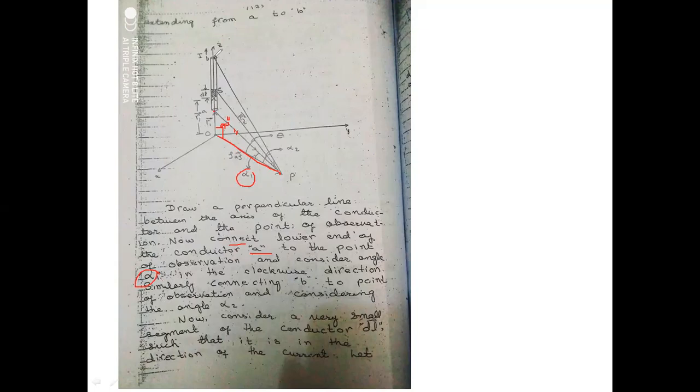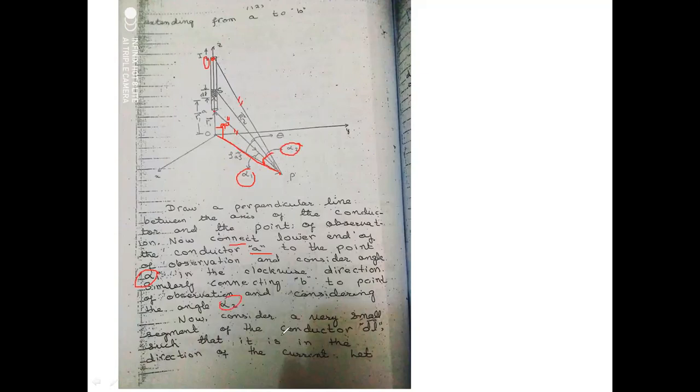So here is the upper end point B, connected to the point of observation by this line, and the angle is alpha 2, measured from the perpendicular line to this line.